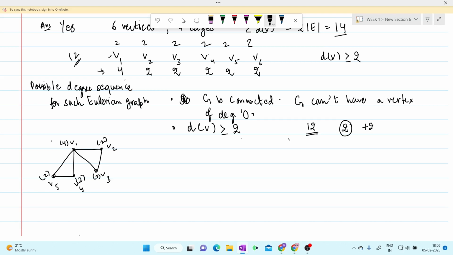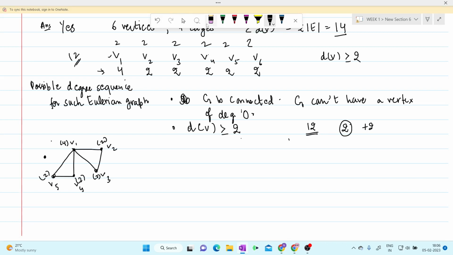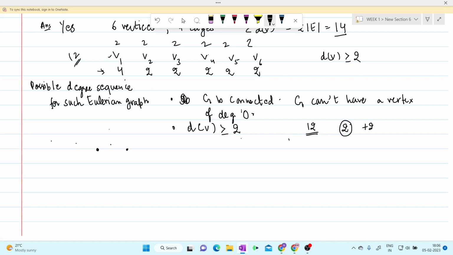Okay, we need one more vertex. So this won't work. By making some small change in the previous graph, you can construct the same graph, I guess. So what should we do? You just construct the previous graph.